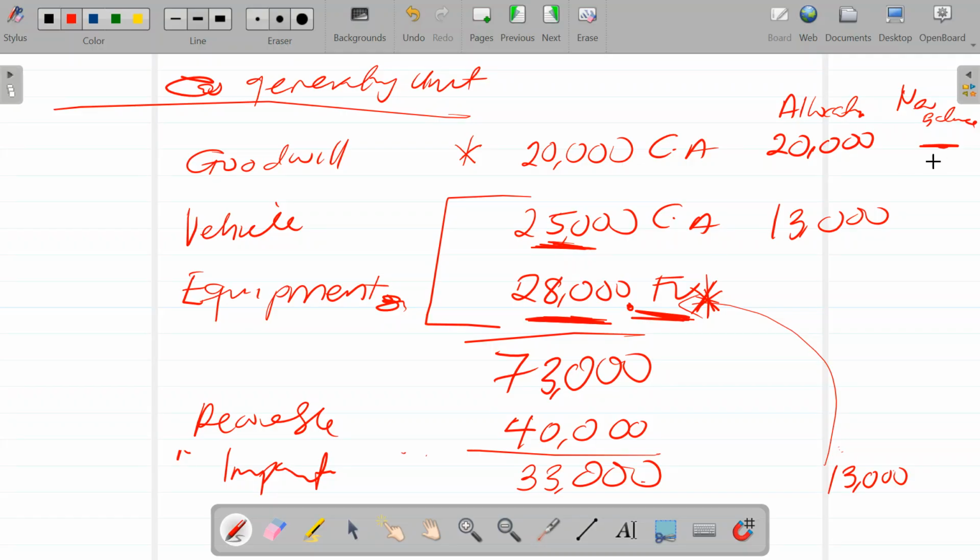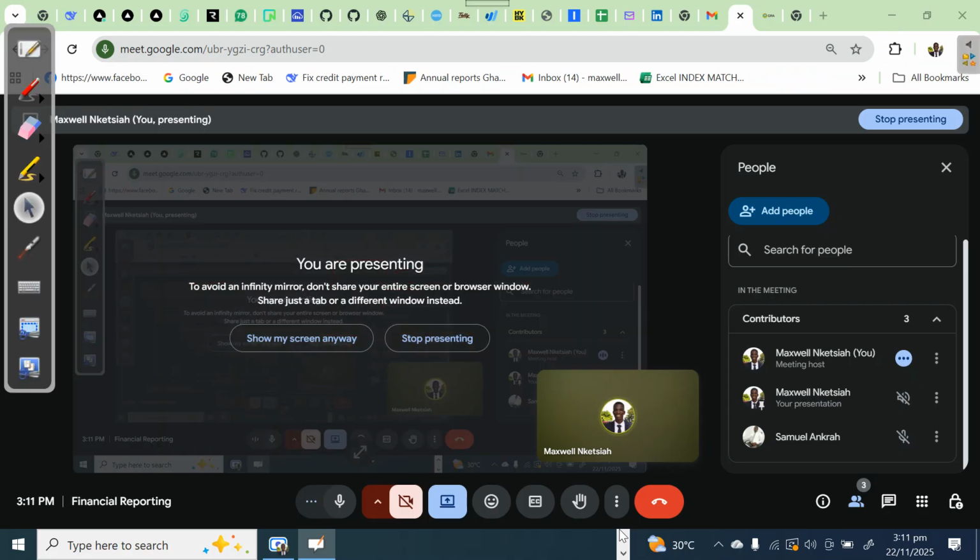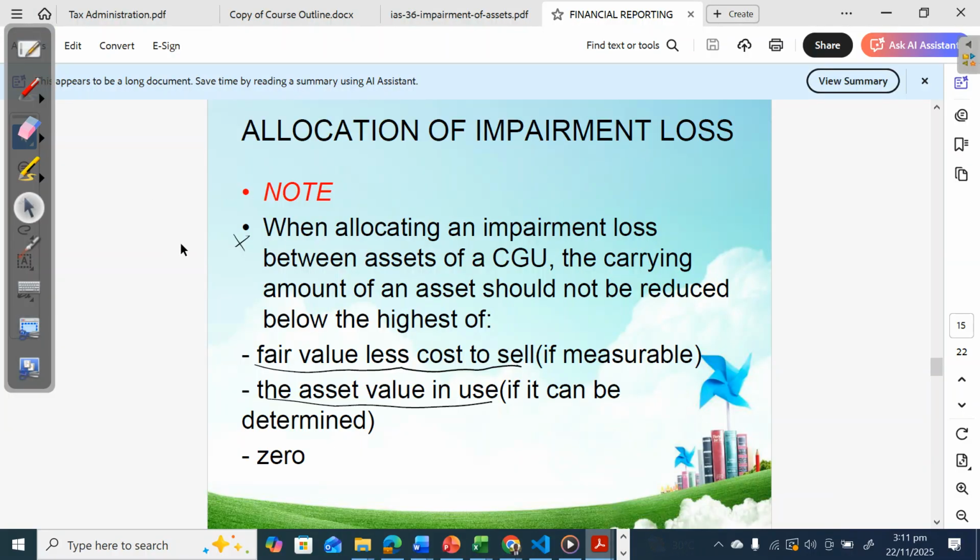So for this one, the new carrying amount will be 25,000 minus 13,000, so this will be 12,000. So this is a restriction on allocation of impairment loss. Let's do another example to help with our understanding.